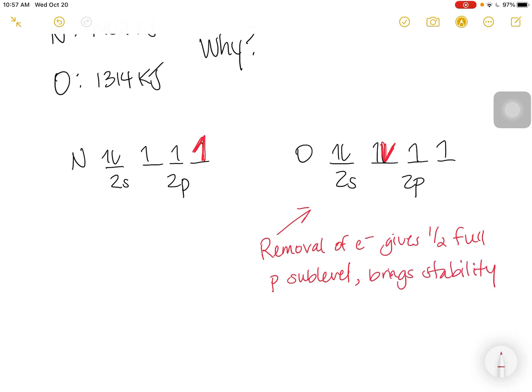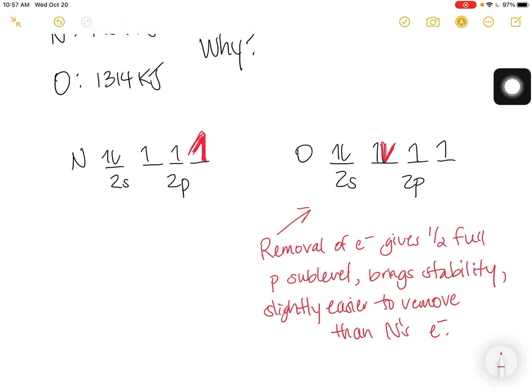And because it brings stability to the ion, it's just ever so slightly easier to remove than nitrogen's electron. If we took nitrogen's electron, we would be taking away the stability, because it had a half-filled level, and removing that electron disturbs that stability, so it takes slightly more energy.